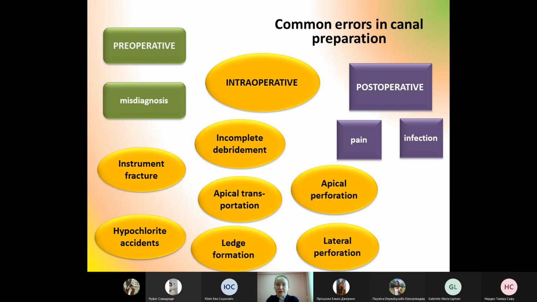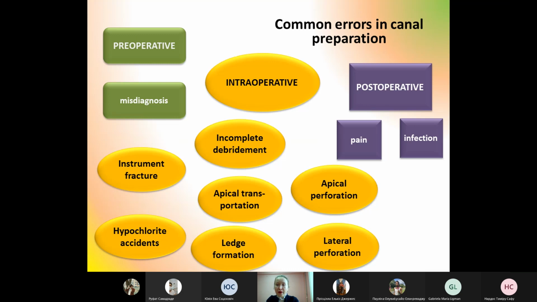Intraoperative errors are such as incomplete debridement, instrument fracture, apical transportation, hypochlorite accidents, ledge formation, apical perforation, lateral perforation.